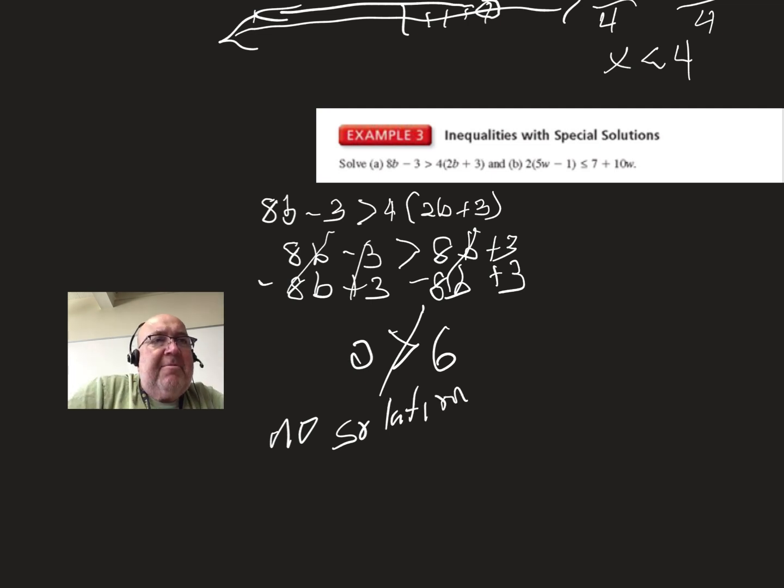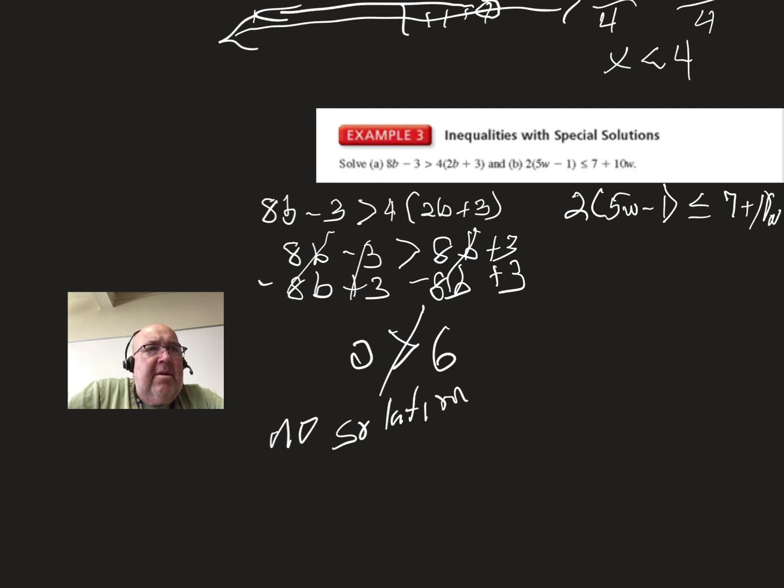Looking at the second problem, we've got 2 times 5w minus 1 is less than or equal to 7 plus 10w. Go ahead and distribute the left side. We're going to get 10w minus 2 is less than or equal to 7 plus 10w.